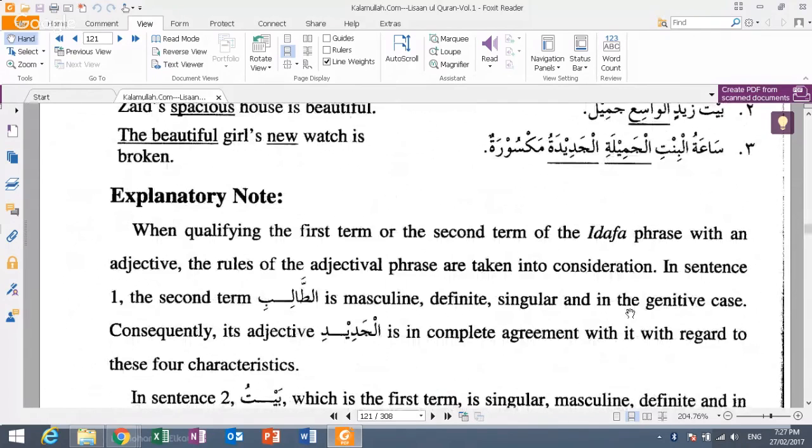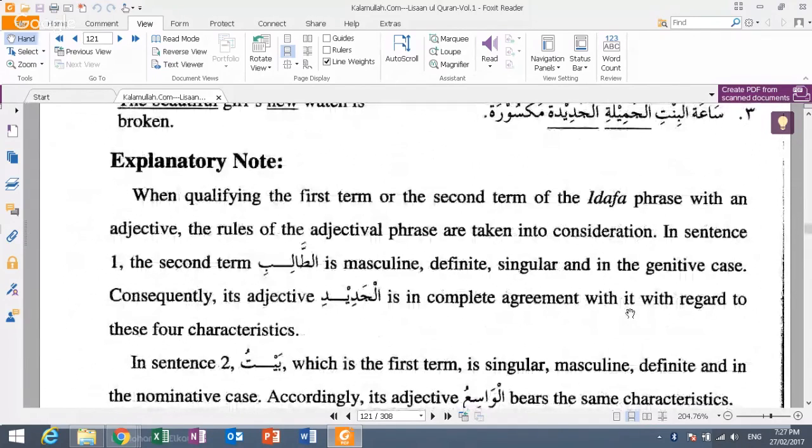Okay, now. When qualifying the first term or the second term of the idafa phrase with an adjective, the rules of the adjectival phrase are taken into consideration. Okay, so we have to follow the rule of the adjectival case. In sentence 1, the second term, at-talibi, is masculine, definite, singular, and in the genitive case.